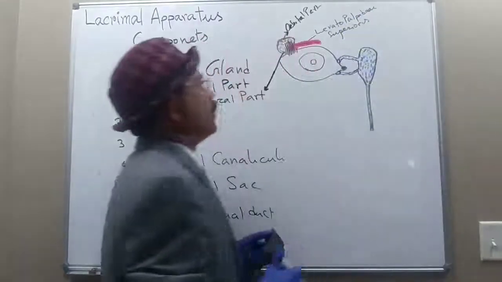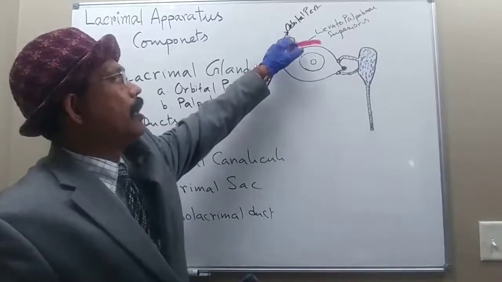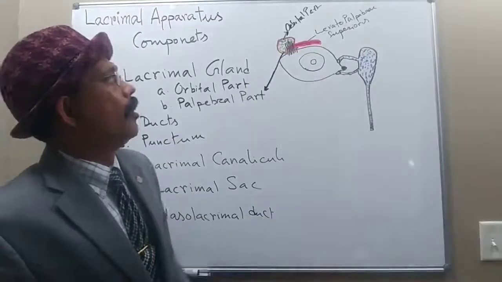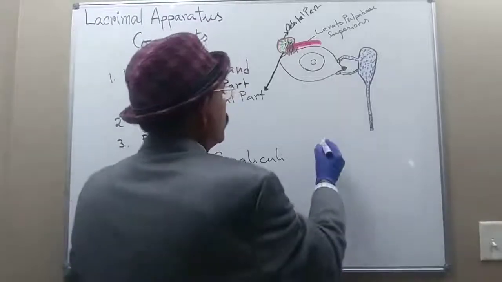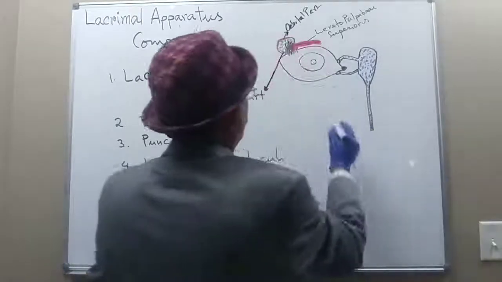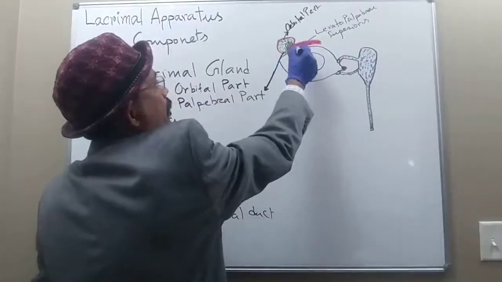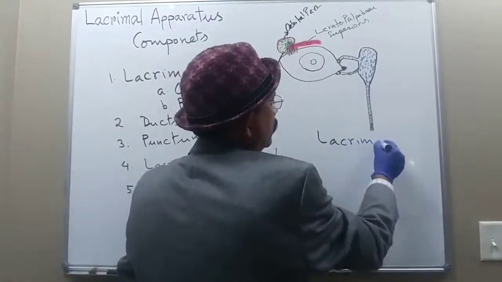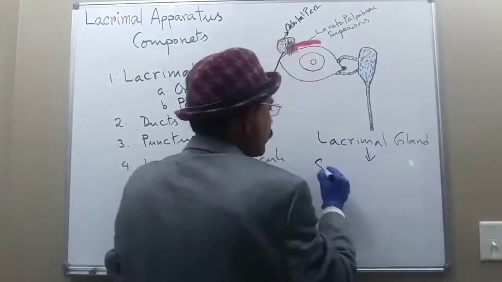This muscle indents the lacrimal gland, with the upper part being the orbital part and the lower part being the palpebral part of the lacrimal gland. The orbital part and the palpebral part both together form the lacrimal gland, and this gland is a serous gland.